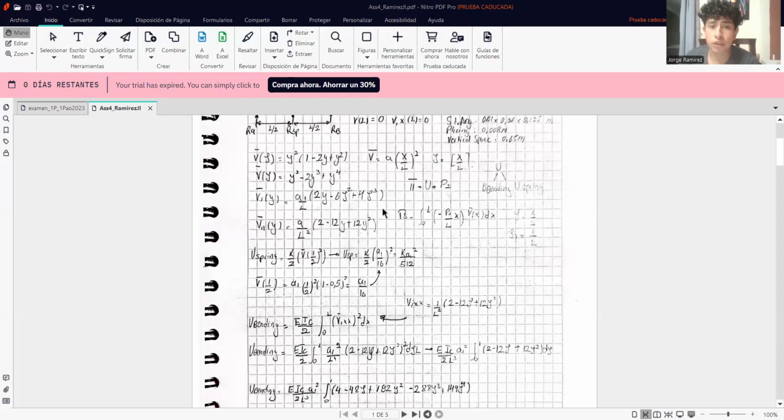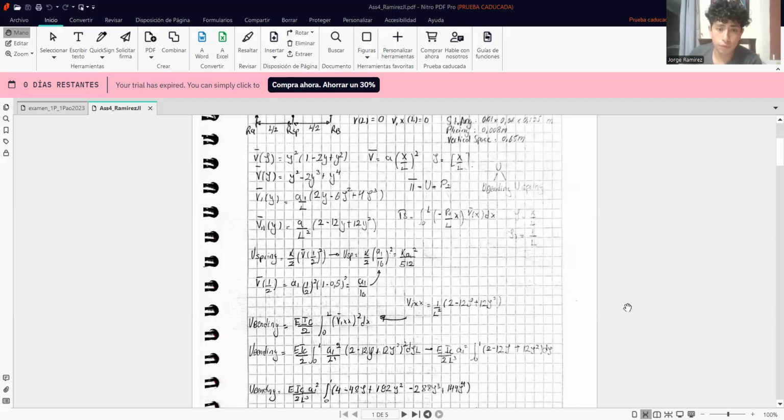We need to identify our polynomial, and after that, when we use the function of the exercise, we need to separate the U in two parts, the U of the bending and the U of the spring.